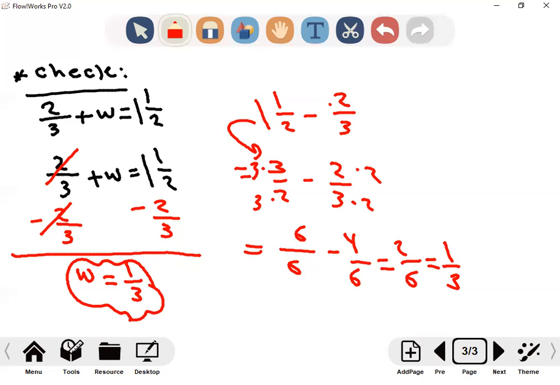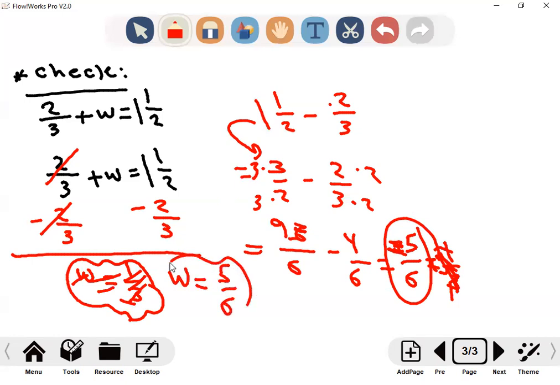This is check after example 1, 2 over 3 plus W equals 1.5, right? 3 by 3, 9, sorry. This is 9, right? 9 minus 4, 5 over 6. It has no simpler form. So the answer is what? Sorry, W is 5 over 6. Now we will select the answer, which is D.